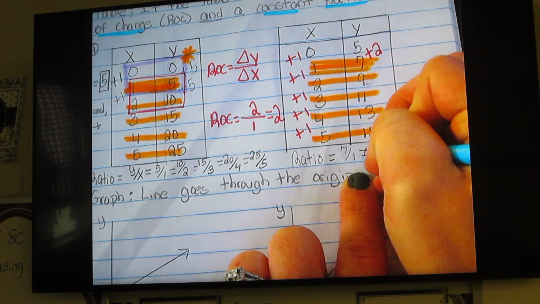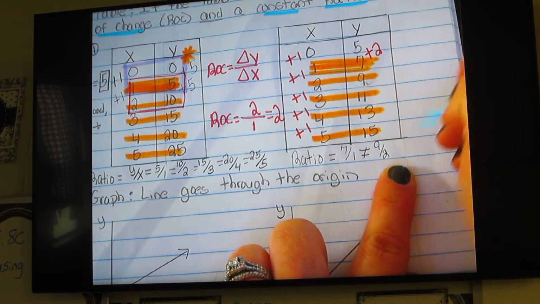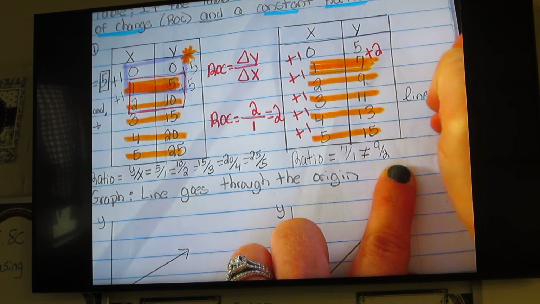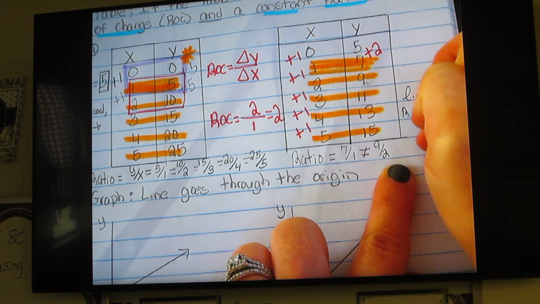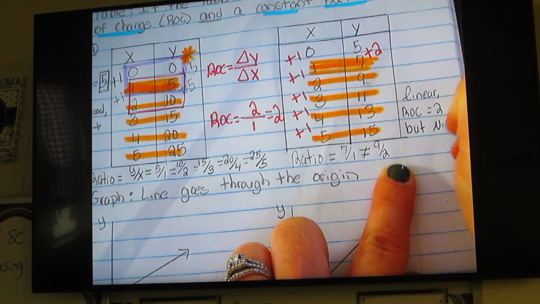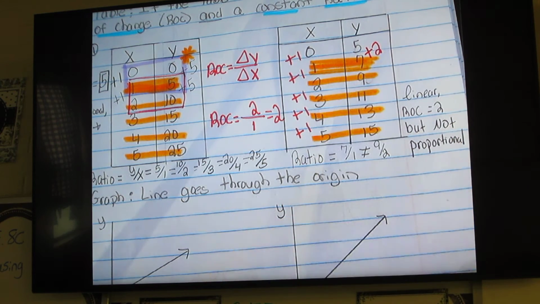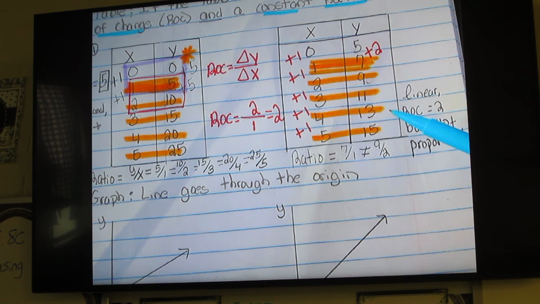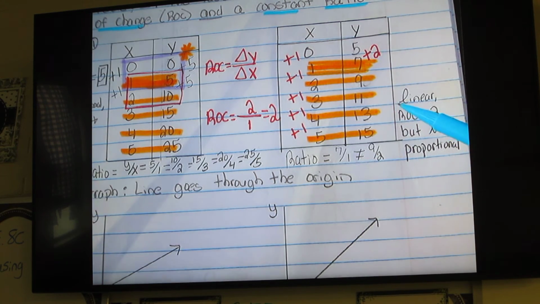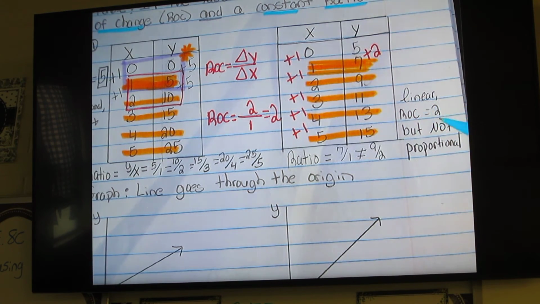So these are not going to be equal. Therefore, this is linear, okay? ROC equals 2, but not proportional. Okay, so that means if I were to write an equation for this, this would be in slope-intercept form. So if you need to know more about slope-intercept form, look for my videos on that as well.